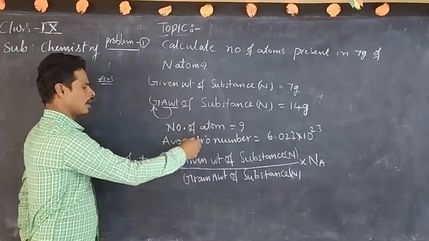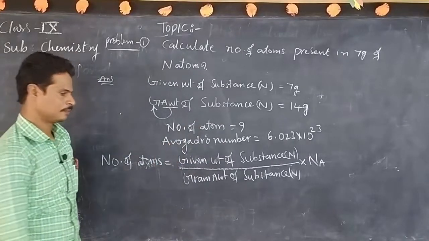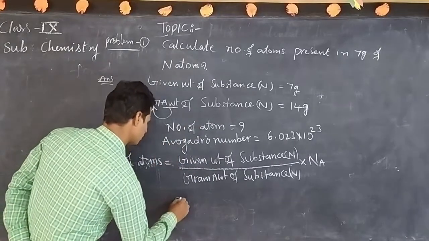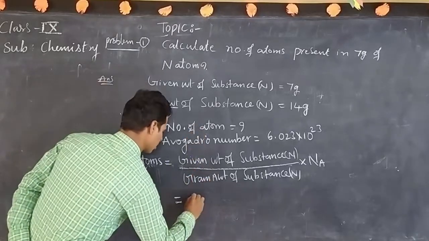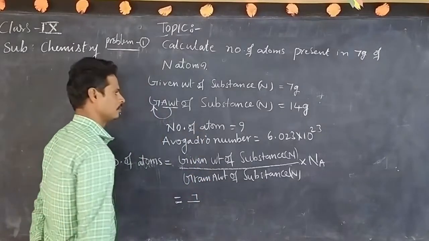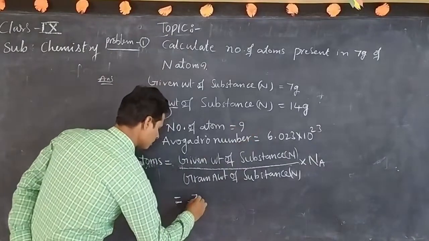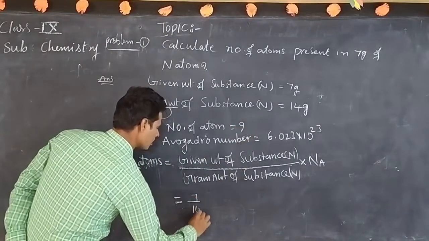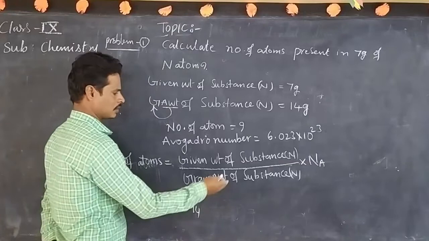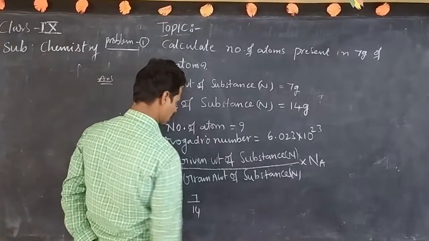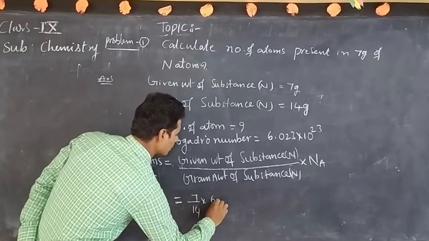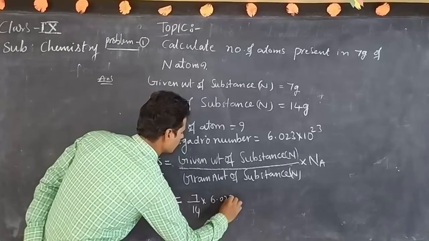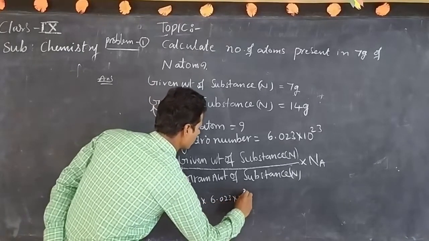Apply all these values in the formula. Given weight of substance 7 grams by gram atomic weight of substance, that means nitrogen 14, into Avogadro number 6.023 into 10 to the power 23.